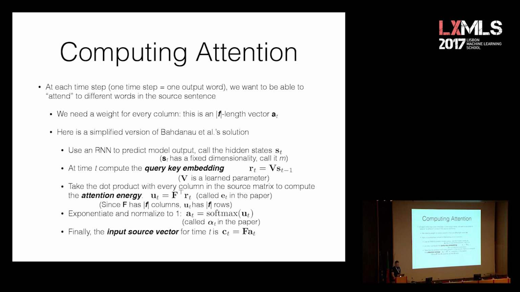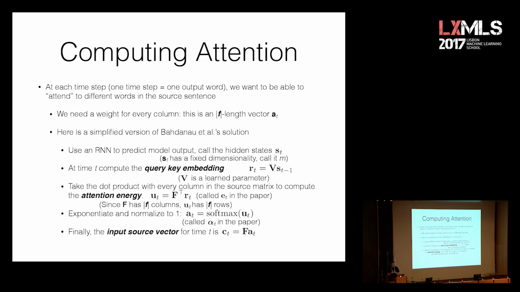If we take the dot product of the query key, this R sub t, with every column in the input matrix, we're going to get a scalar for each of these. We've got the query key and every column, which is a vector of a known size that also needs to be the size of the query key.